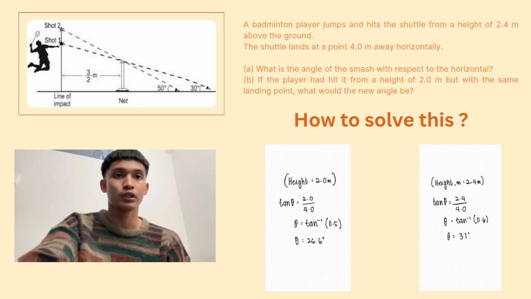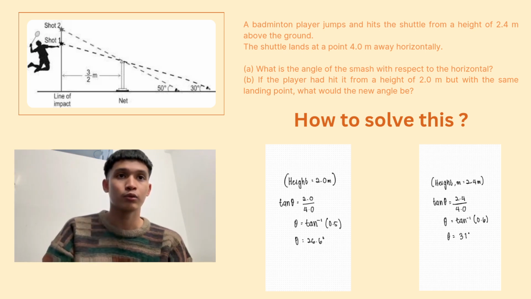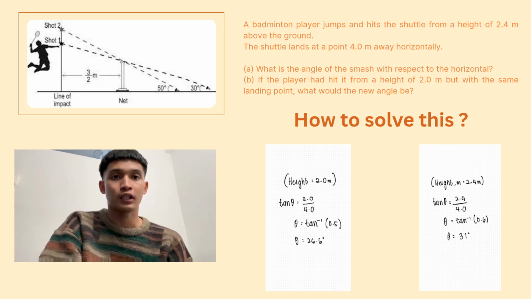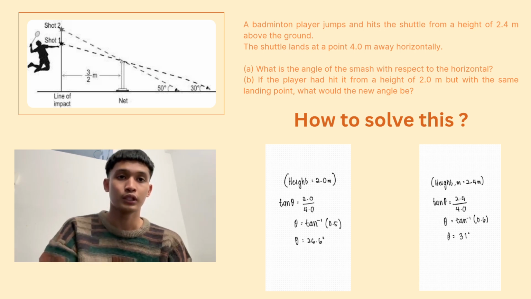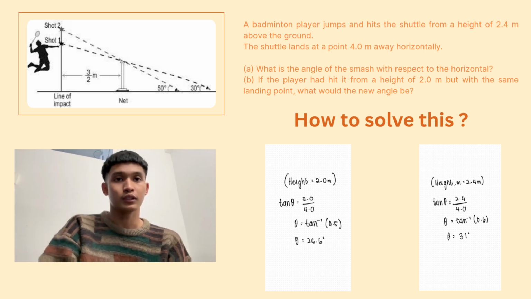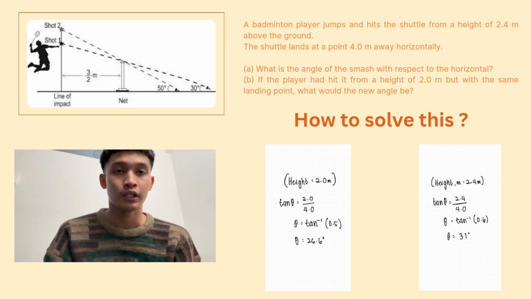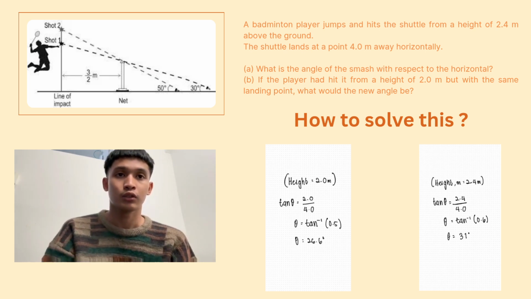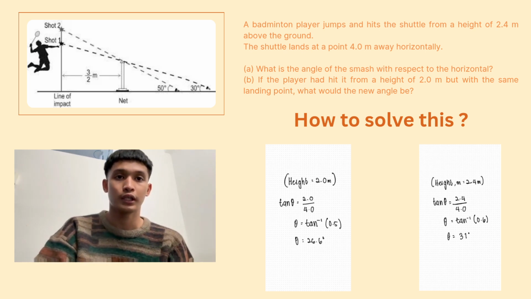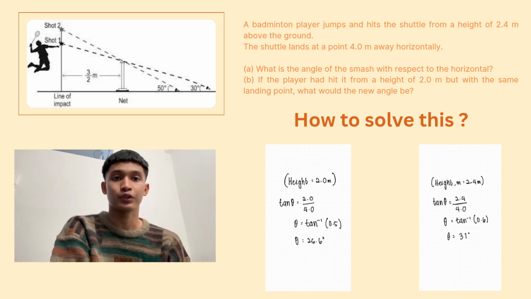Now we know the formula is tan theta equals opposite per adjacent. Our opposite is 2.0 meters and our adjacent is 4.0.